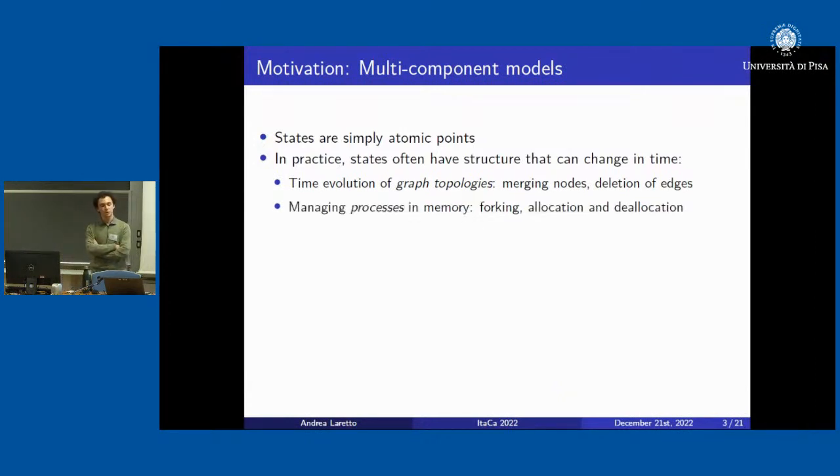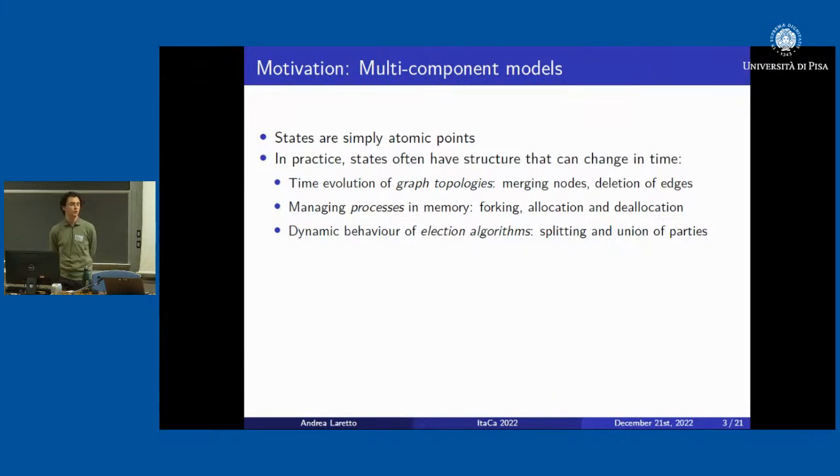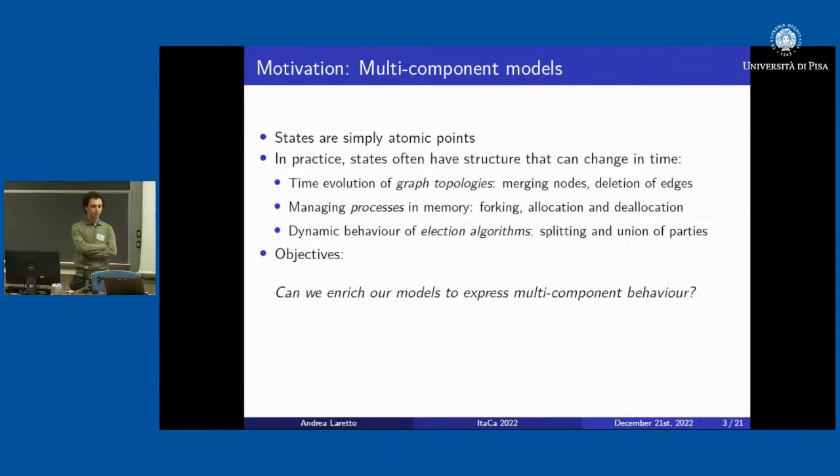Or you might want to model processes in memory, where a state is a collection of processes which can be forked, deallocated, and allocated. Or you might want to model election algorithms, where you have parties which can evolve, split, unionize, and more in time.